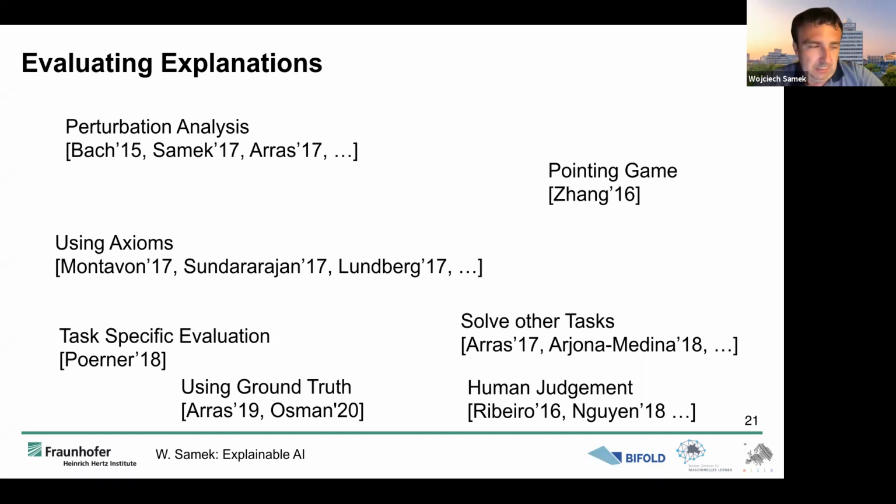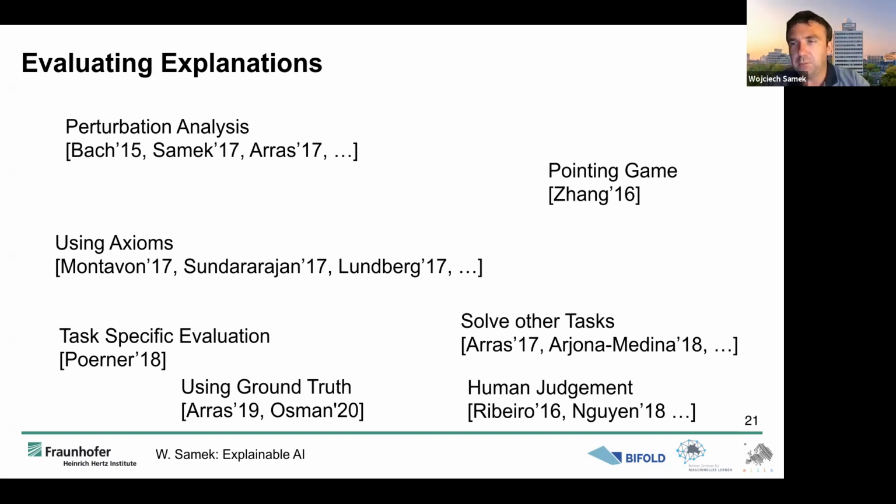One answer is that you can introduce some axioms. You can have an axiomatic approach and define some properties which you think an explanation method should fulfill. For example, you can think that explanations should be smooth: for two inputs which are almost identical, you may require the explanations to also be almost identical.